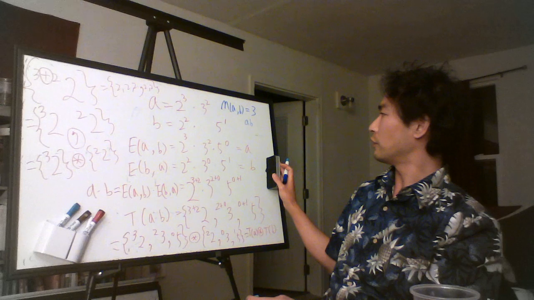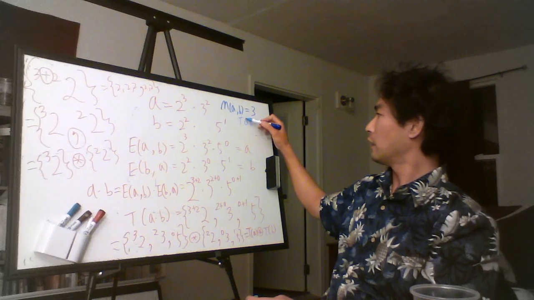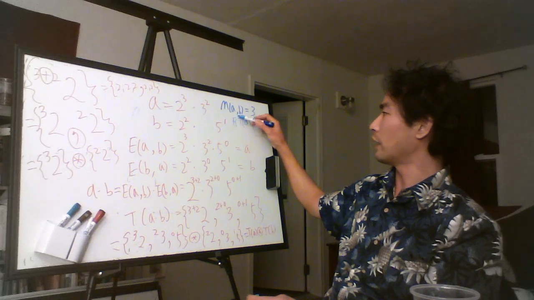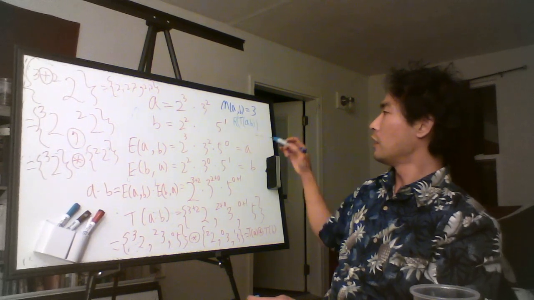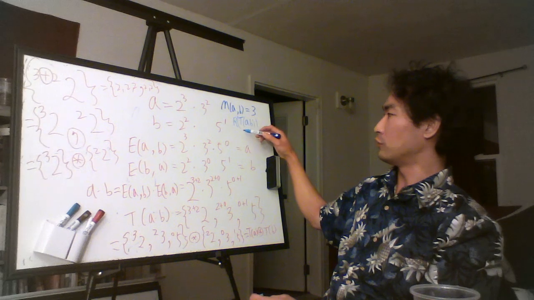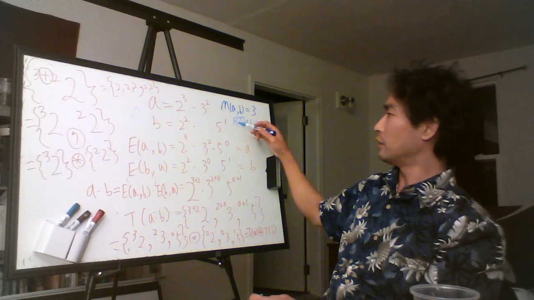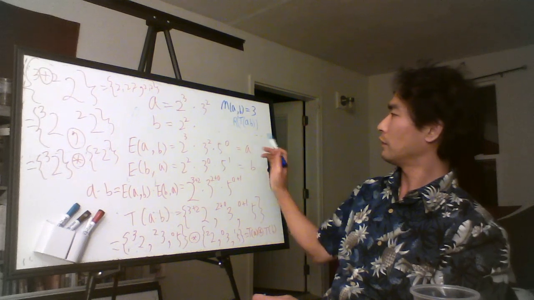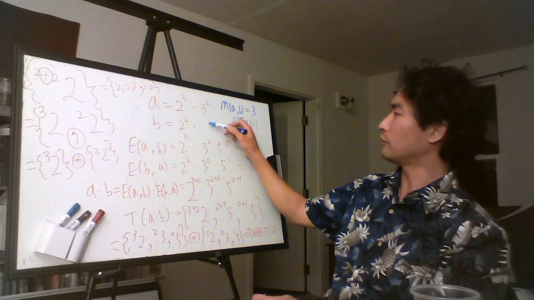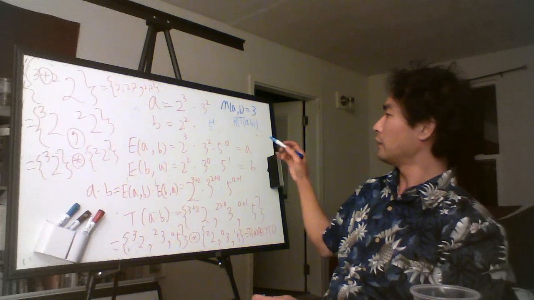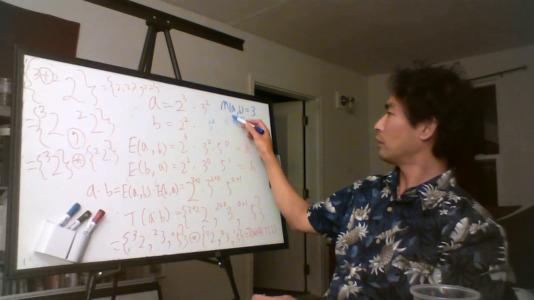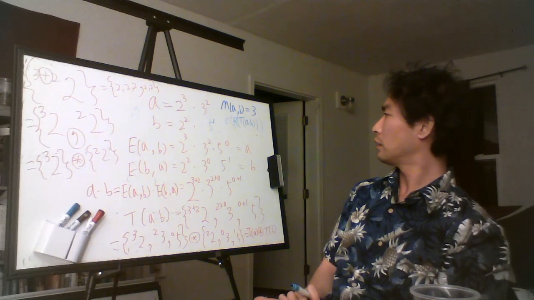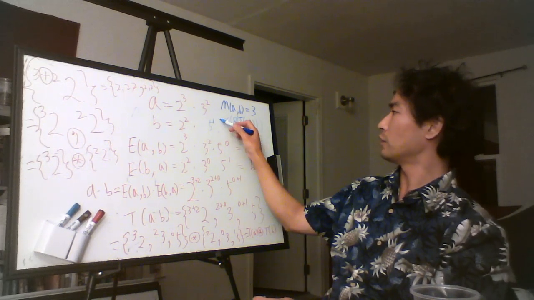We apply the T function to make it into a set, and then we use the reduction function to get rid of all the redundancy, to transform the multi-set into a regular set, and then multiply by five to the first, and then we count them. So that's the definition of A.